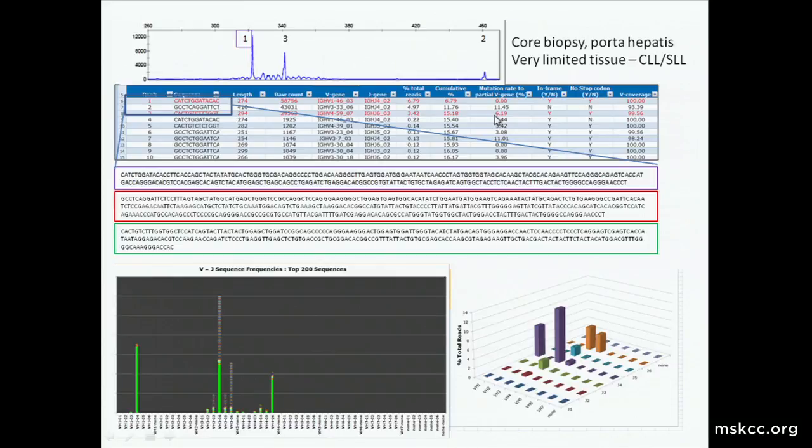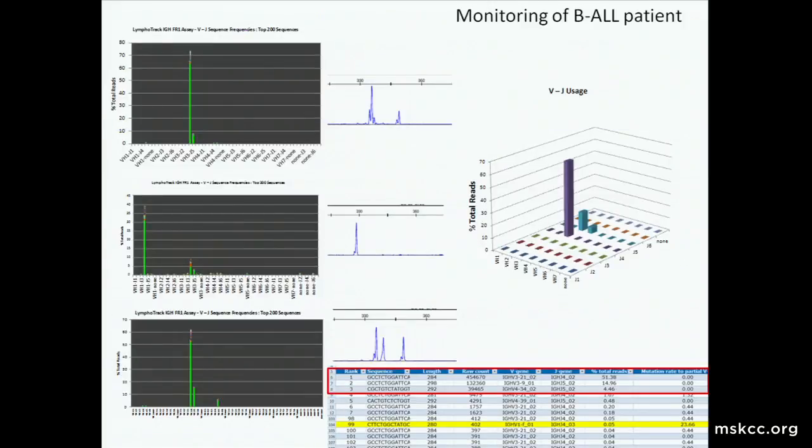And so that is going to tell you how that patient is going to do later and which clone decides to grow faster post-treatment. Whether it is the somatic hypermutated or not, that is the information you want to hear. In terms of monitoring of the patient, you can then take that clone and just look for that clone in every subsequent sample that you have.